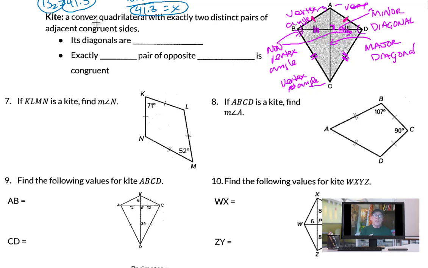So a kite is a convex quadrilateral with exactly two distinct pairs of adjacent congruent sides. I call them consecutive congruent sides.